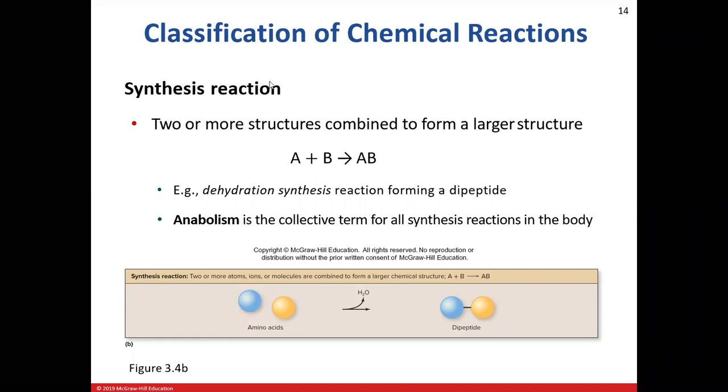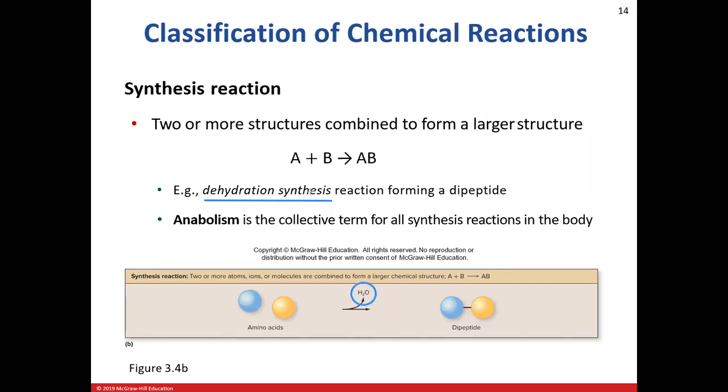Now, in this one, we have a synthesis reaction. A synthesis reaction is where we have 2 or more structures combined to form a larger structure. So here we're taking our reactants, which are going to be simple reactants, A plus B, and this gives us AB. This is going to be called a dehydration synthesis reaction because of what you see down at the bottom. We are now releasing water.